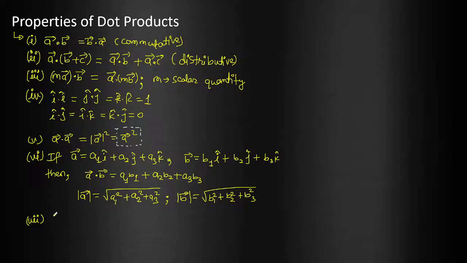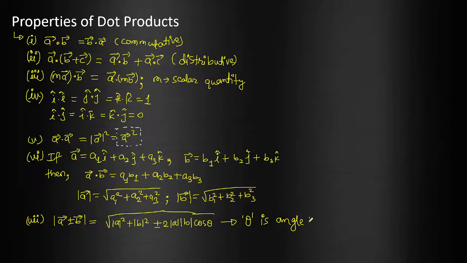Seventh, mod of A vector plus minus B vector is root under mod A square plus mod B square plus minus 2 mod A mod B cos theta, where theta is the angle between the two vectors.